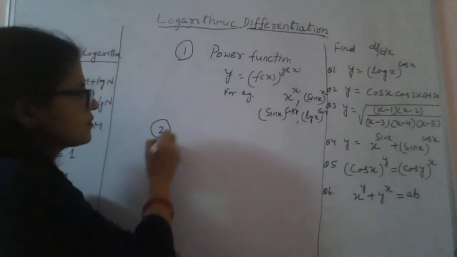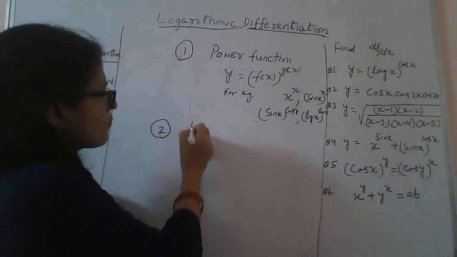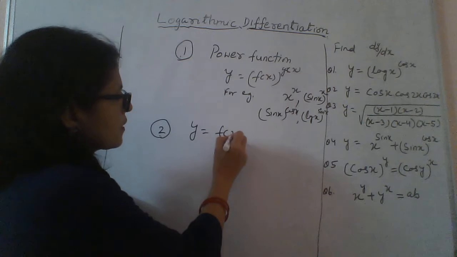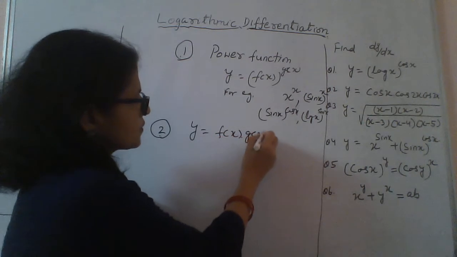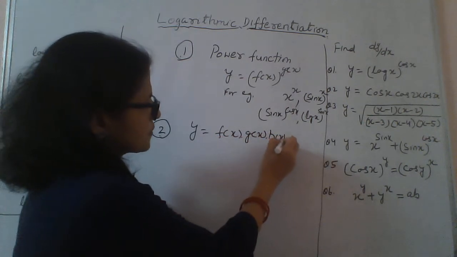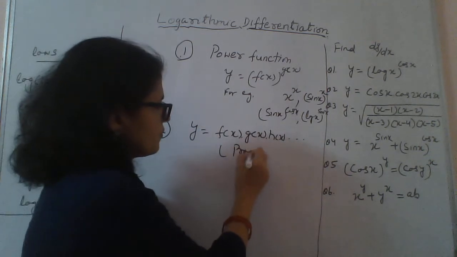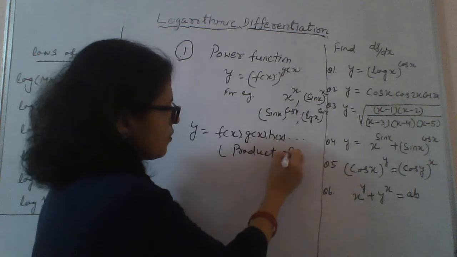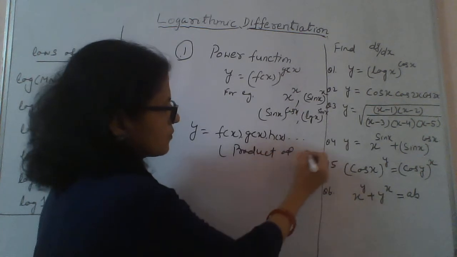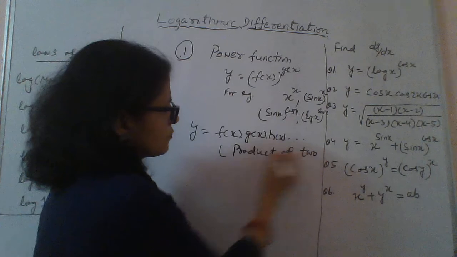The second case is when you have y equal to f(x) into g(x) into h(x), like this, which means a product of two or more functions.